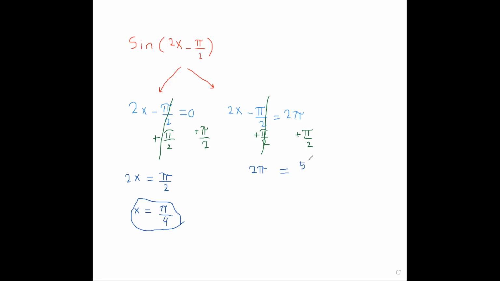Now to isolate x, we divide by 2, so my x is equal to 5 pi over 4. Nice and easy. Amazing. So the period is between pi over 4 and 5 pi over 4.